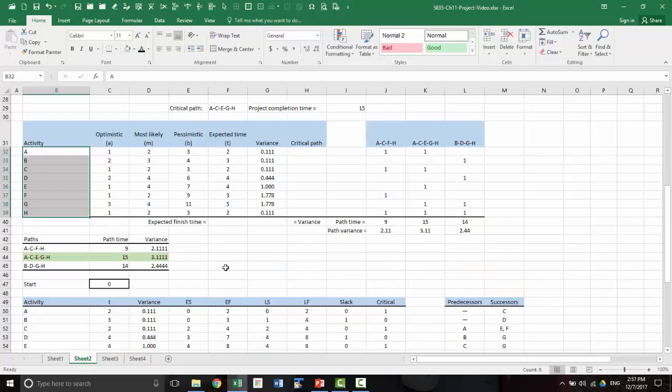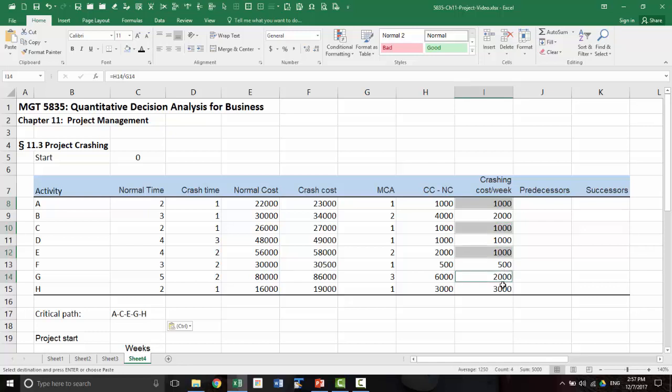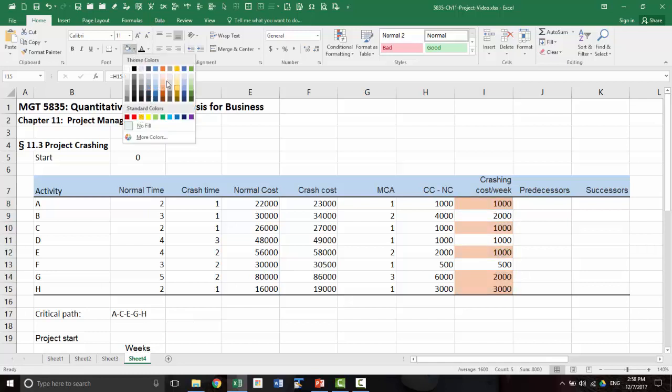Remember, we've already done that. Critical path is that. So let's copy paste that over here. Okay, so A, C, E, G, H. I'm going to highlight that with something.